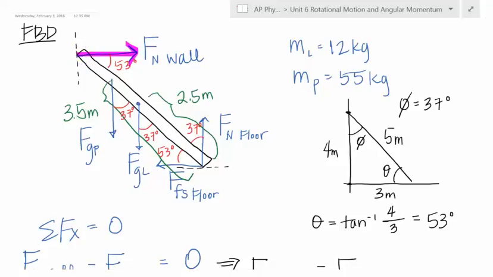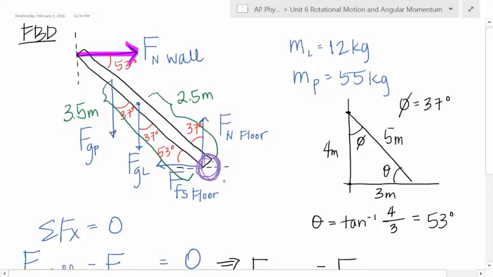All right. Now, if I put the pivot point at the center of mass, so right here, then I'll have a torque from the wall, a torque from the painter, a torque from the friction force and a torque from the floor. How many is that? That's 4. The other place I could put it is down here at the floor.